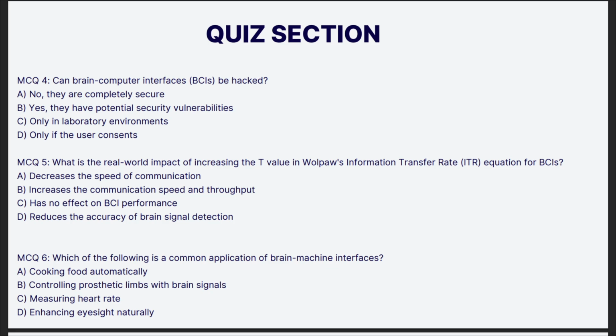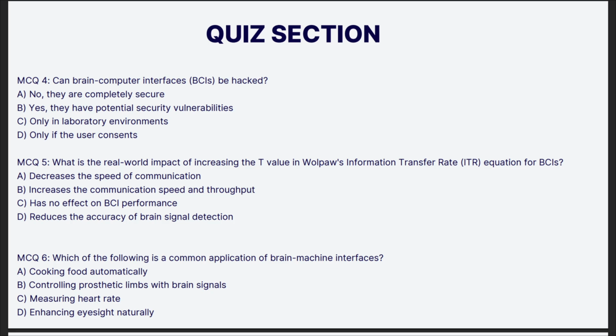Fourth question, can brain-computer interfaces be hacked? No, they are completely secure. Yes, they have potential security vulnerabilities. Only in laboratory environments. Only if the user consents. So the answer is B. Yes, they have potential security vulnerabilities. MCQ 5.